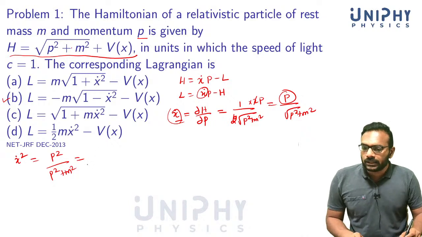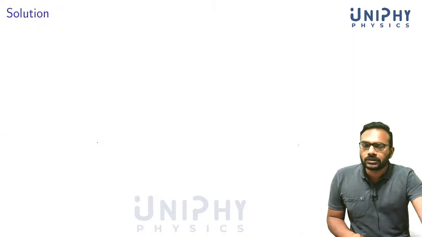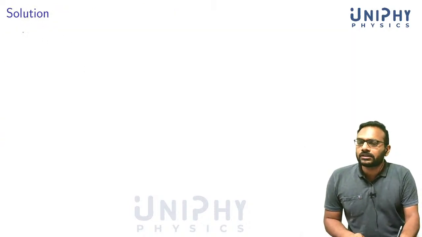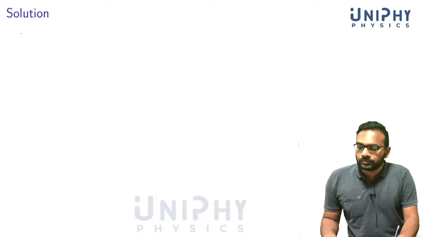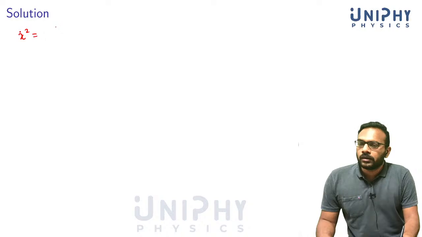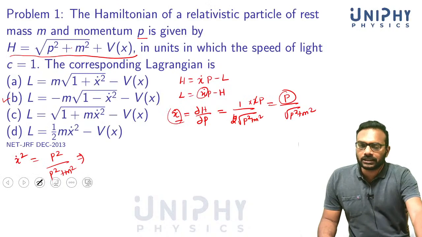Okay, so I'll use a fresh page here. We have got, this is where we stopped. x dot square is equal to p square divided by p square plus m square. We just take it from here.